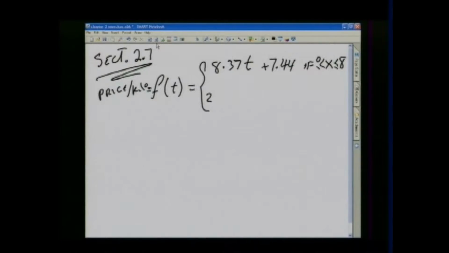And it would be 2.84 t plus 51.68 if t is greater than 8 and less than or equal to 30.